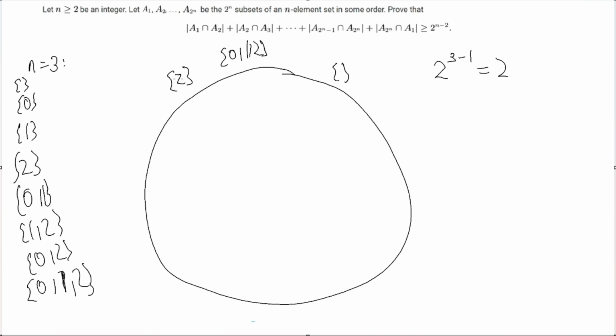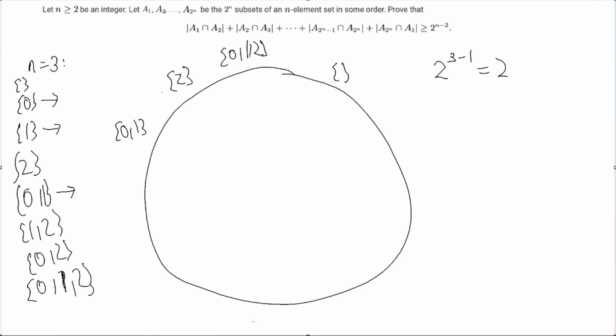So when we have this 2 here, we can have a contribution of, say, 0. And that means that it has to be like this one. It can't be this one because we already used it. It can be this one, or it can be this one. And because we want to save the smaller subsets for later, because they may be the most useful to us, let's try putting 0, 1 here.